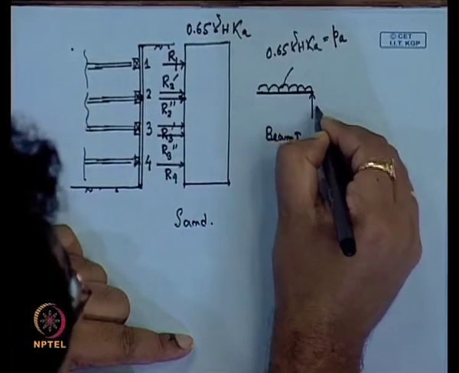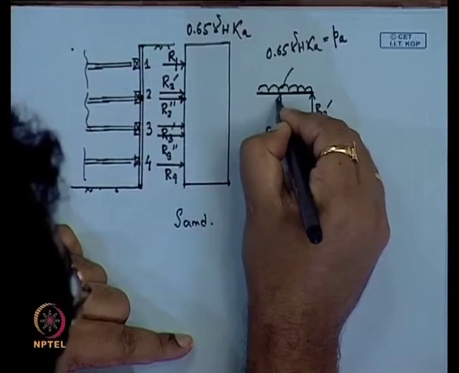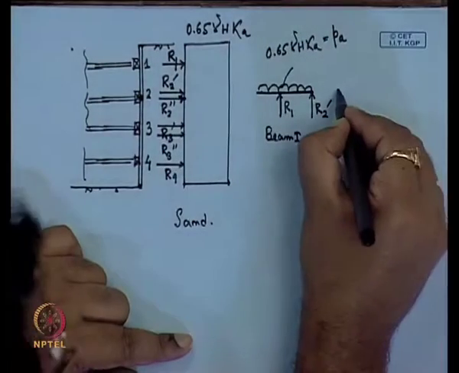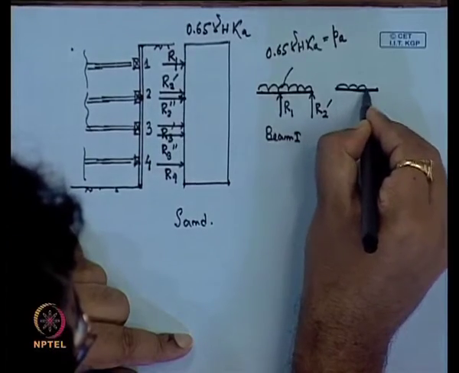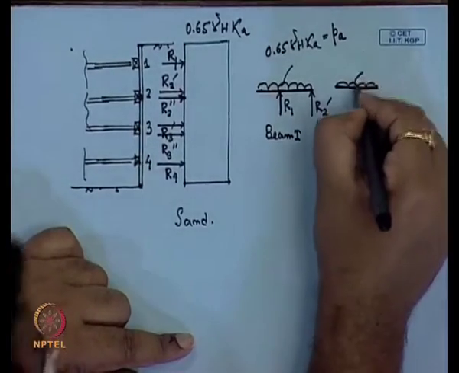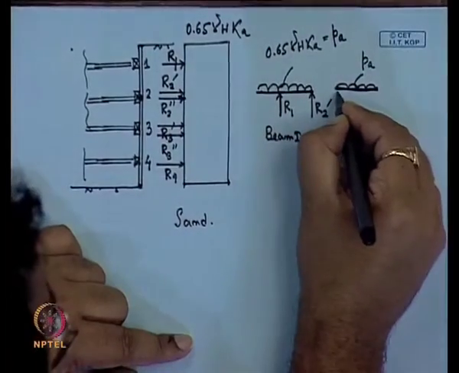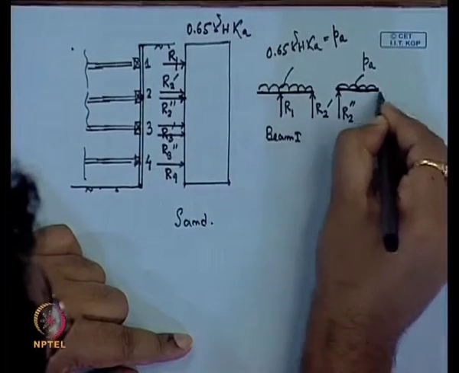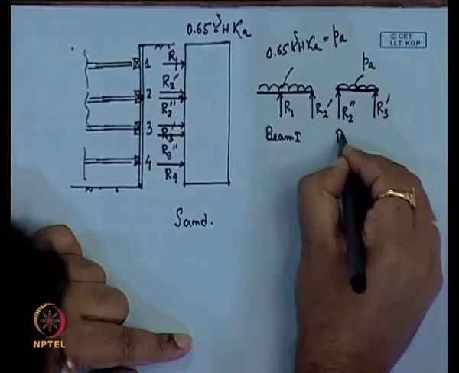This is the reaction, that is R2 dash, and then here this is R1. Similarly, for the second beam, we consider this is Pa, again the same stress is acting, then the reaction is R2 double dash, then R3 dash. This is for beam 2.